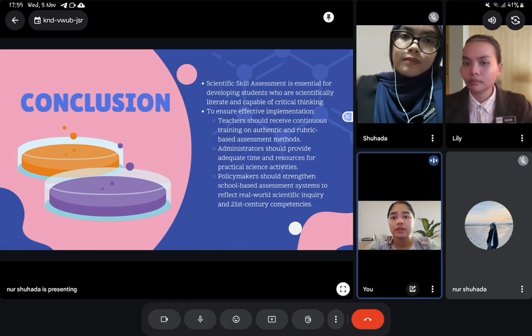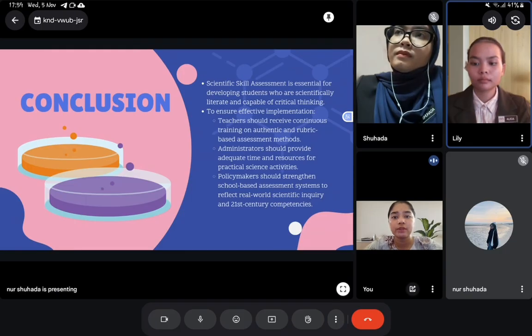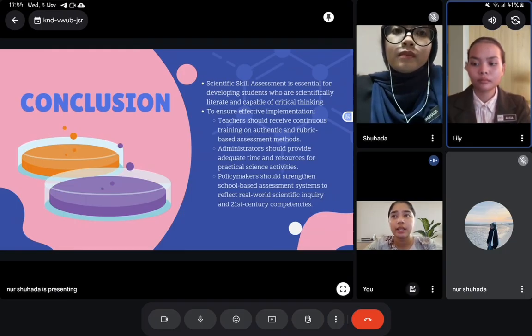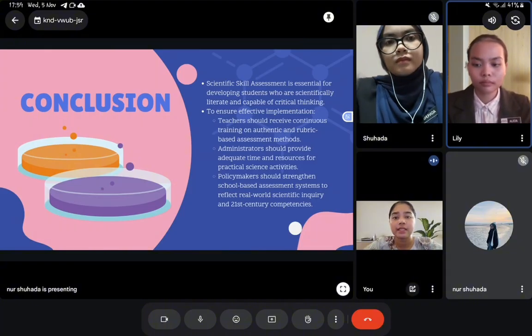As we know, scientific skill assessment is essential for developing students who are scientifically literate and capable of critical thinking. To ensure effective implementation, teachers should receive continuous training on authentic and rubric-based assessment methods.